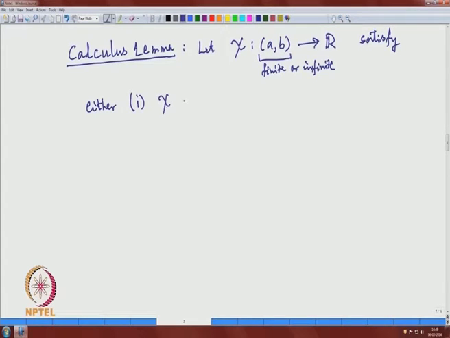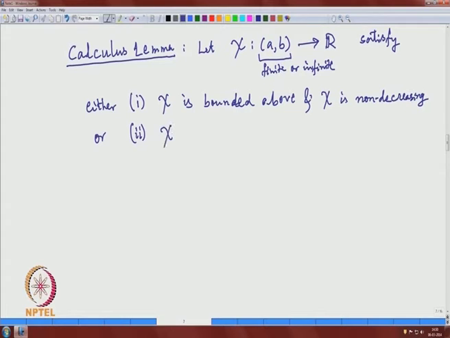Chi is bounded above in that interval and chi is non-decreasing. Or chi is bounded below and chi is non-increasing.